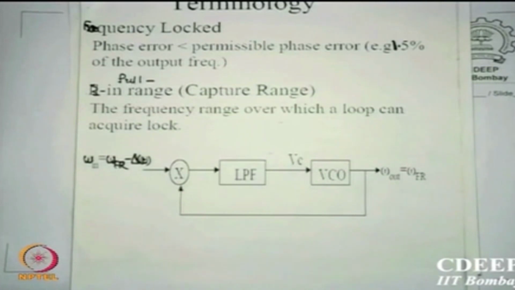Let's say I have 1 megahertz, and 0.5% change is 0.996 megahertz. We don't want to go further beyond. So lock should stop there.